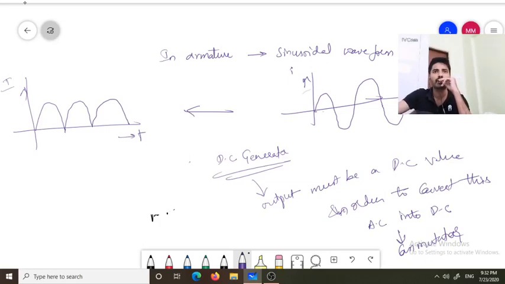In order to convert this AC value into a unidirectional value, we are using a commutator. We are collecting the output current at the commutator only, remember this point. We are taking the commutator current through brushes.